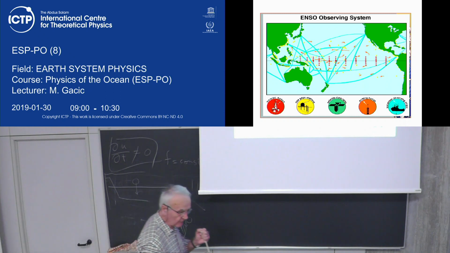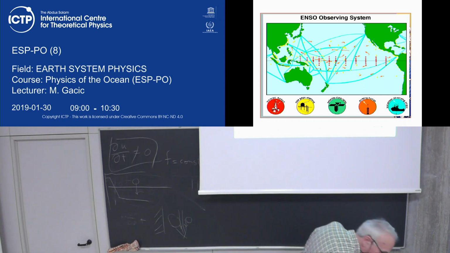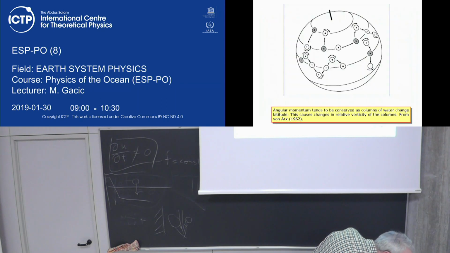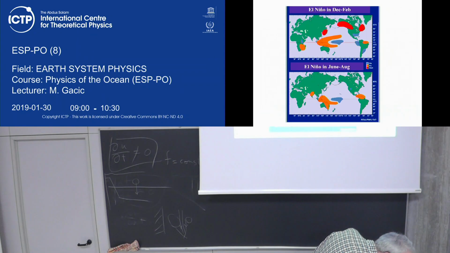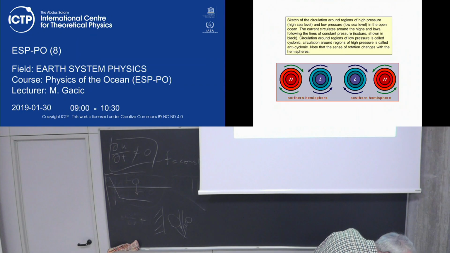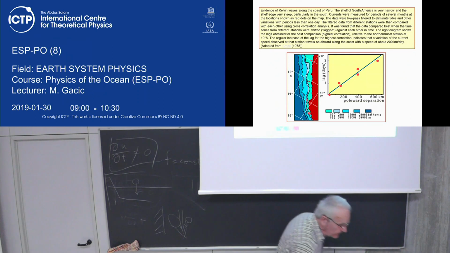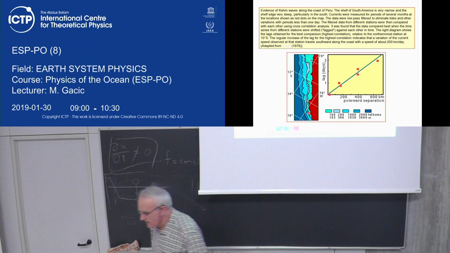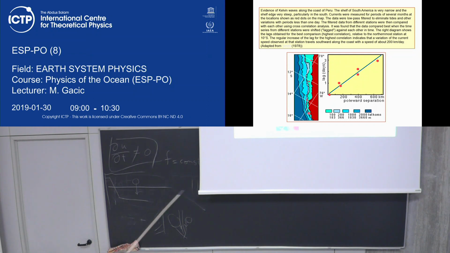You can also make estimates of the velocity of the coastal Kelvin waves. How do you do that? This is a very simple network of tide gauges.